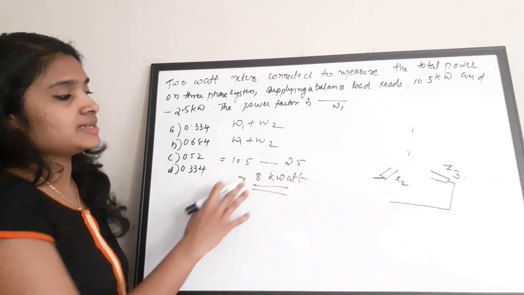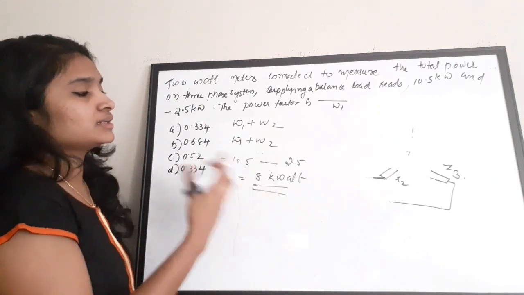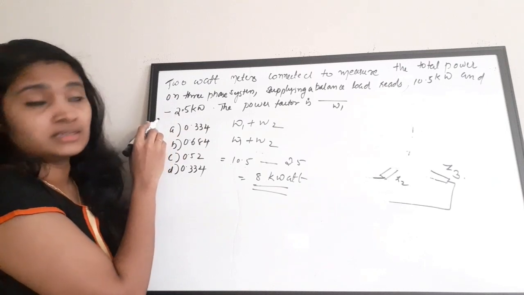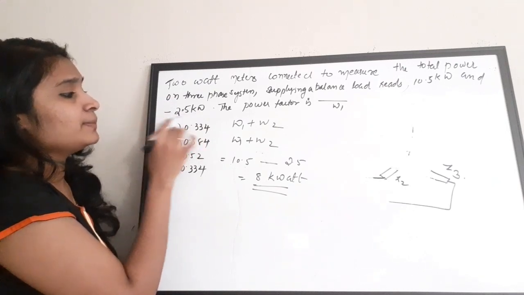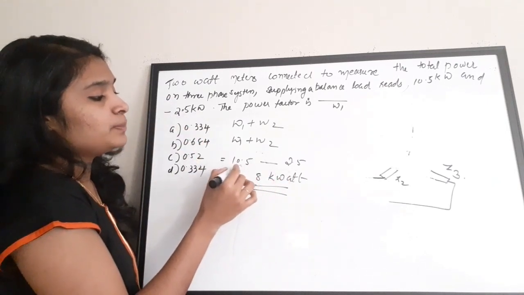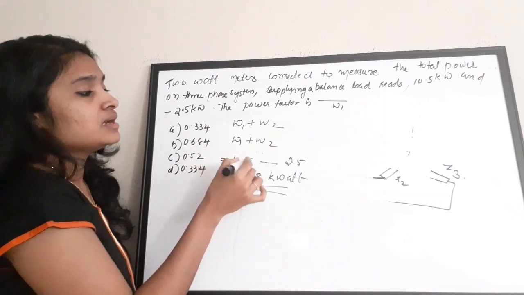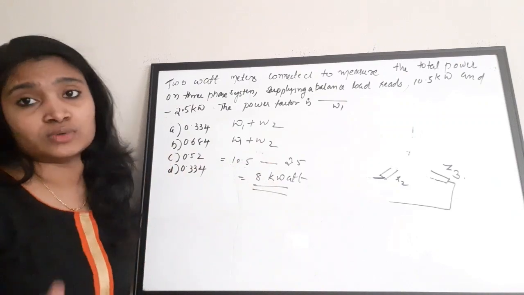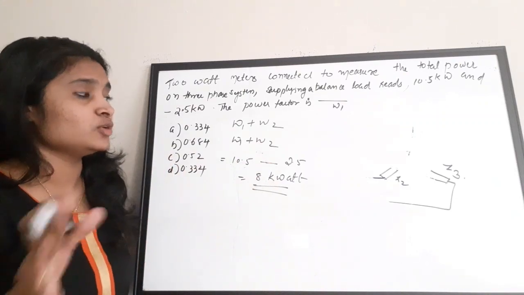Please correct it. It is 8 kilowatt. The confusion was in the calculation because I ignored the negative sign. There is a negative sign for the second power. So it is 10.5 plus minus 2.5, so it is not 13, it is 8 kilowatts. I hope it is clear. I hope you have corrected.